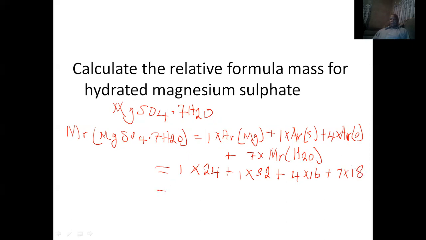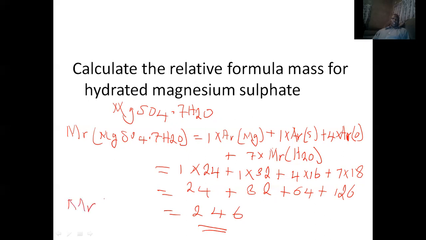And therefore, what you get here is 24 plus 32 plus 64 plus 126, which gives us 246. We note that this one has no units. Relative formula mass has no units.